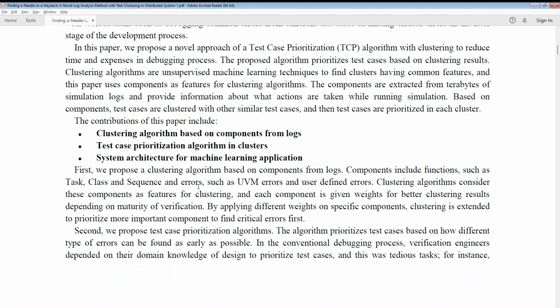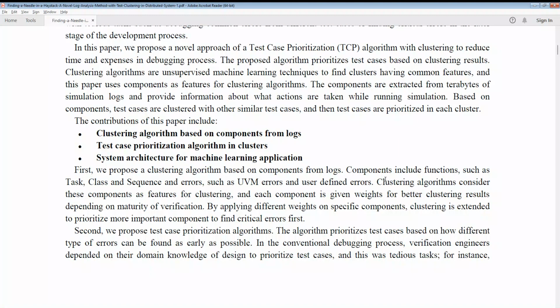First, we propose a clustering algorithm based on components from logs. Components include functions such as task, class, and sequence, and errors such as UVM errors and user-defined errors.